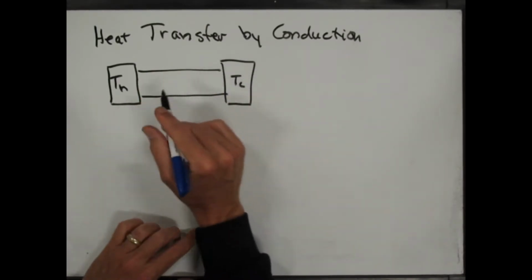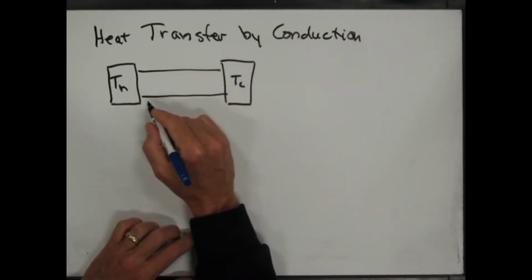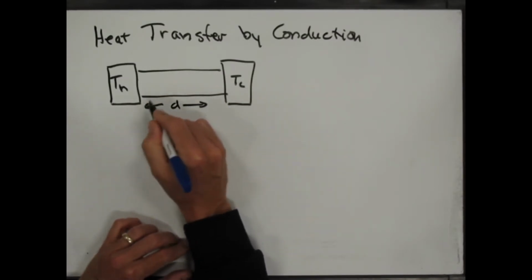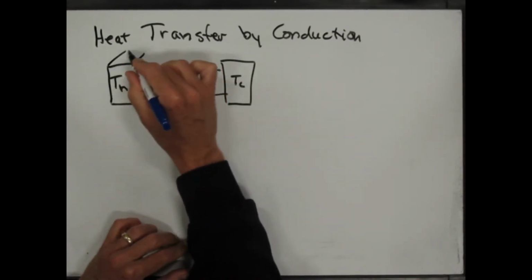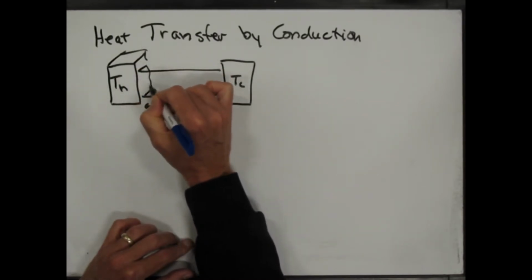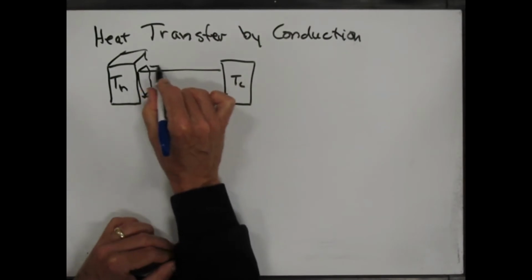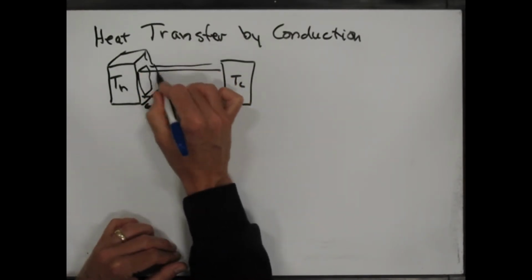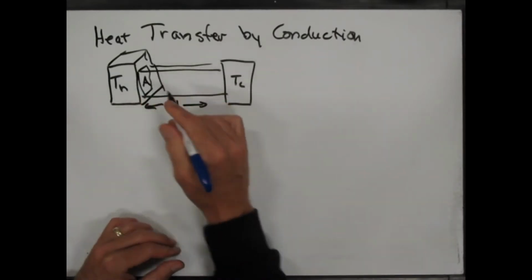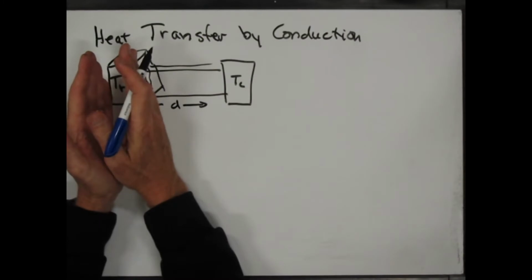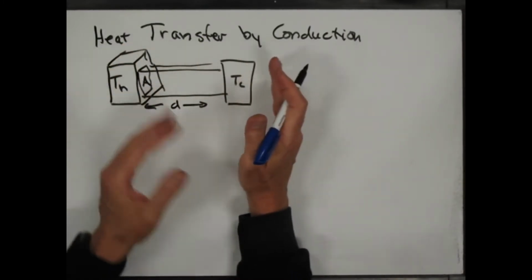And so this is going to be some distance d, right? If I were to draw this in 3D, like this, then there would be a contact area here, and that's important, because how much area is allowed for the object to be in contact determines how well the heat flows.